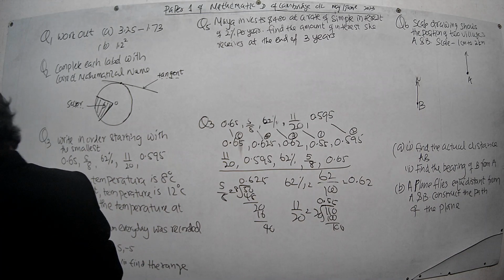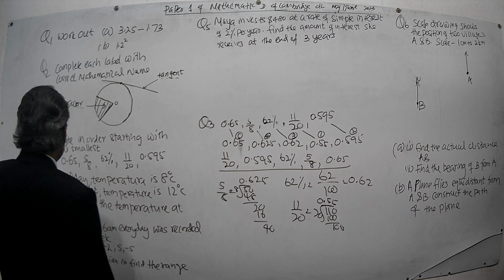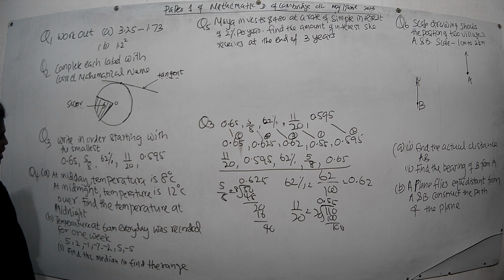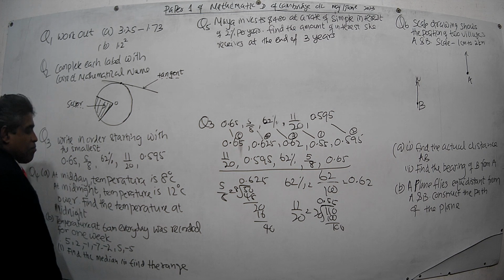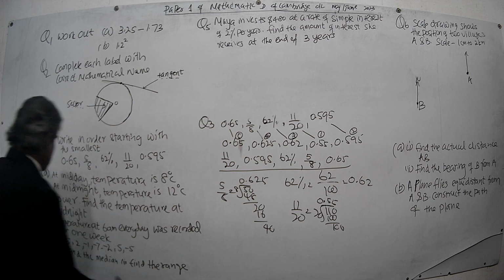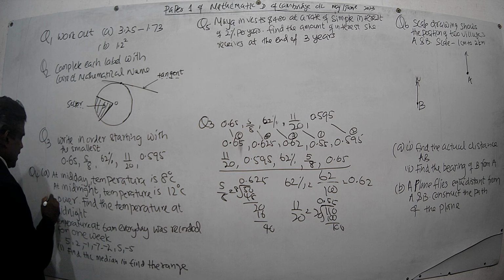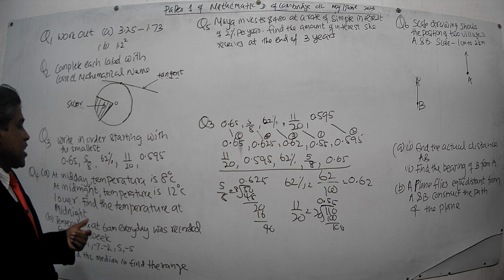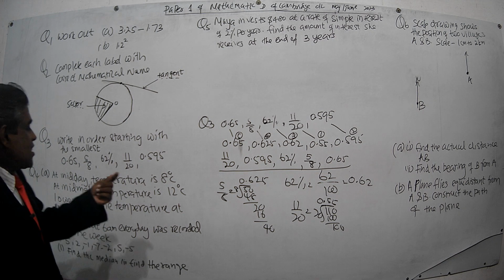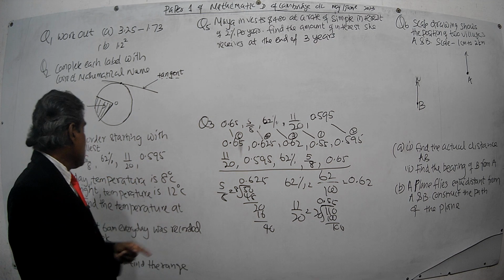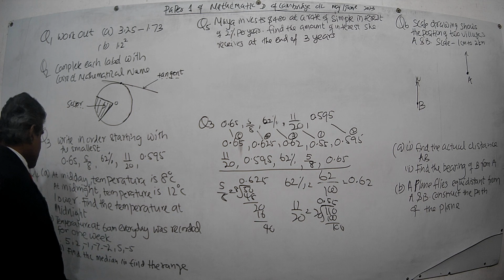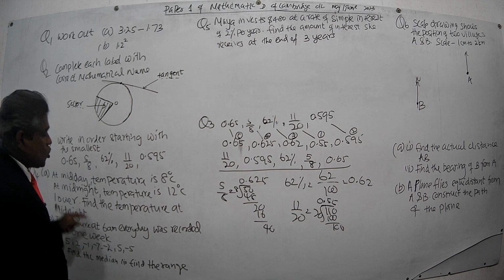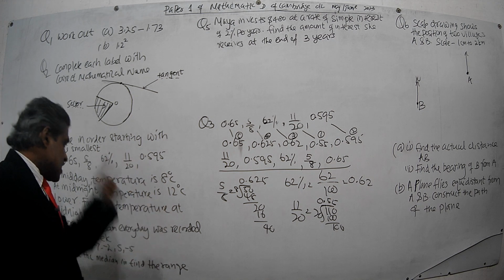Right. Then they say here question 4A, at midday the temperature is 8 degrees Celsius. At midnight the temperature is 12 degrees Celsius lower. That means midnight temperature is 12 degrees Celsius less than midday temperature, right? Find the temperature at midnight.